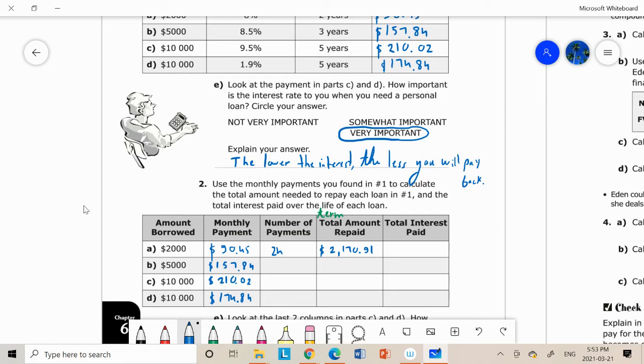And the number of payments were 36 months, 60, and 60. Right? And again, to calculate the number of months, we took the years times 12, 3 times 12. Right? So if we multiply here again 36 times 157.84, we can use a calculator and see that it's 5682.16.